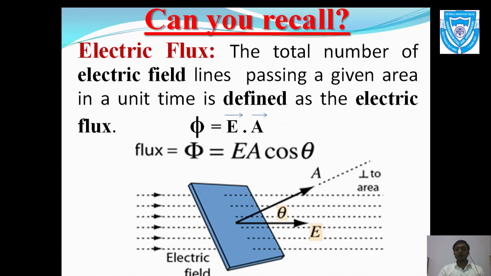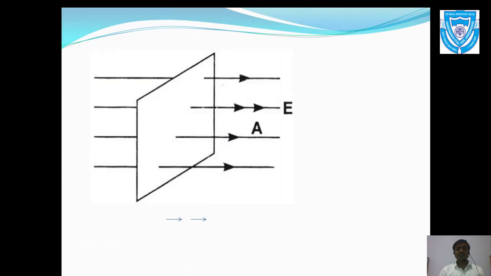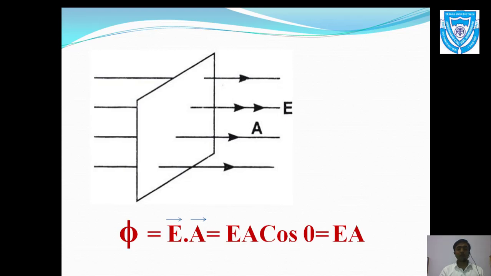But in a special case, it can happen that the electric field is perpendicular to the surface. At that point of time, the angle between the area vector and the electric field is 0. Then what will be the formula? Phi is equal to E bar dot A bar is equal to EA cos theta. But what is the value of theta over here?